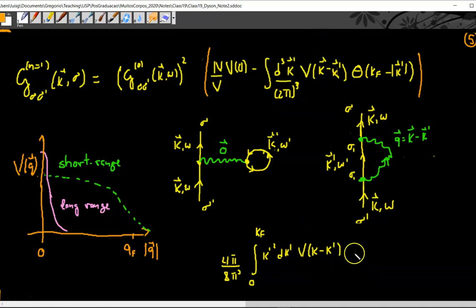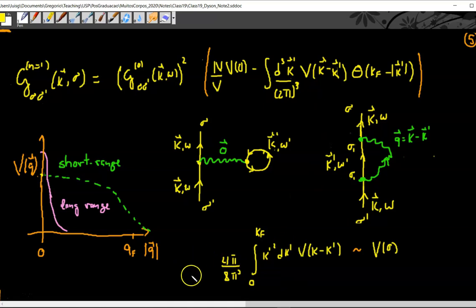So if this, for a given k, is about the order of v of 0, same order of magnitude, if you have a long range scattering, so that you might match what you have right there, then this term will be of the order of this one, and you might have these exchange interactions coming.